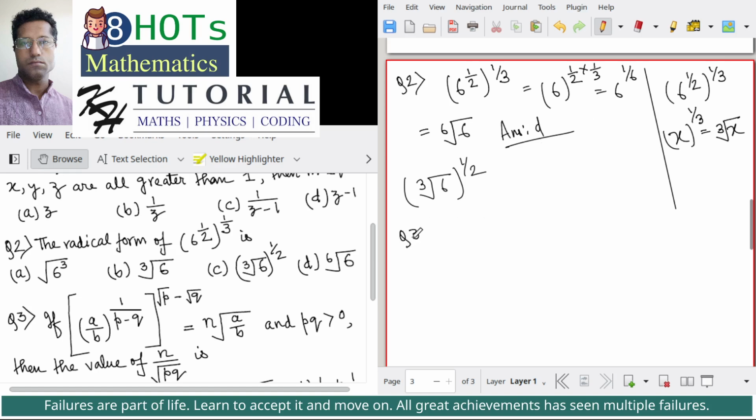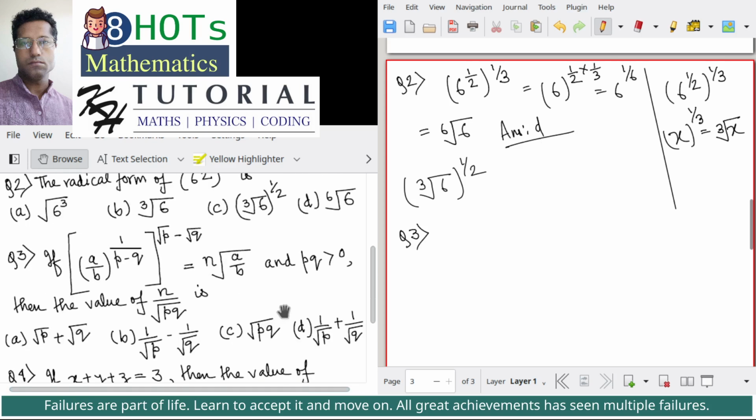Okay, let's do problem number 3. One equation is given, and we are asked to find the value of n by square root of pq. Let's see what is given. It is given a by b, this is the base, raised to the power 1 by p minus q, and again this whole is raised to the power of square root of p minus square root of q.